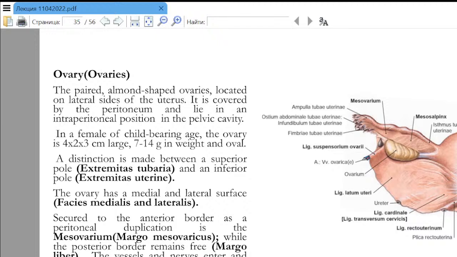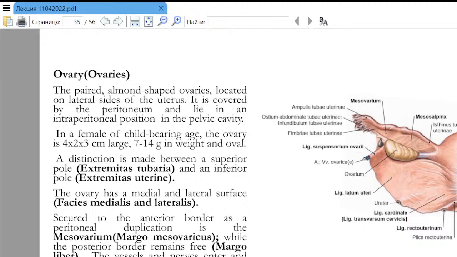In females of childbearing age, a distinction is made between a superior pole, extremitas tubaria, and an inferior pole, extremitas uterina.